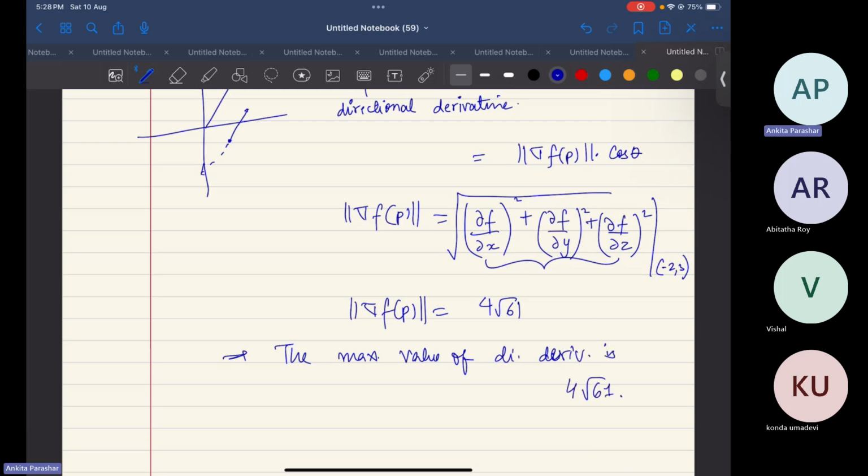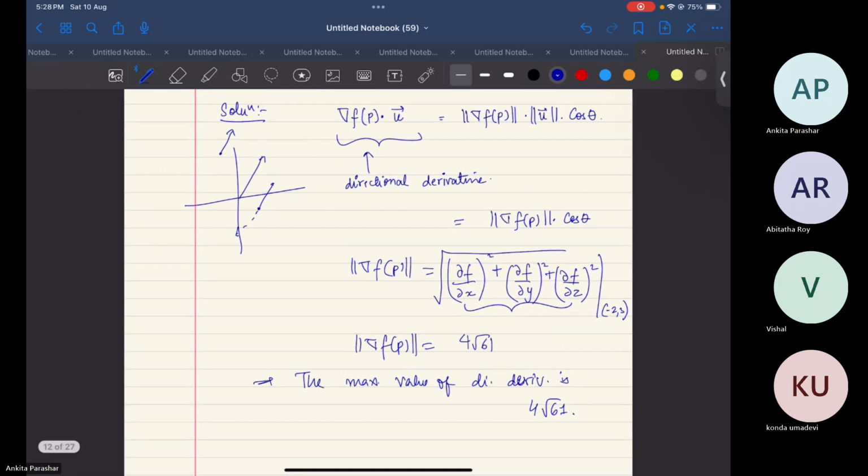The value is clear, but you have to find the theta also. So theta would be 0 degrees for the maximum case.